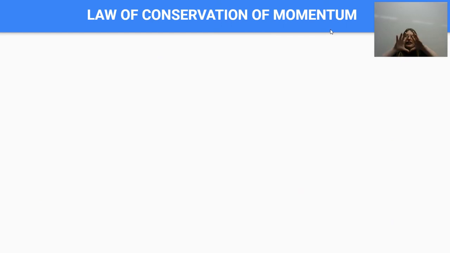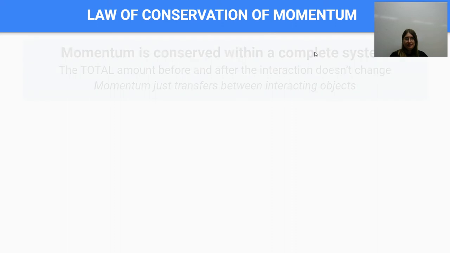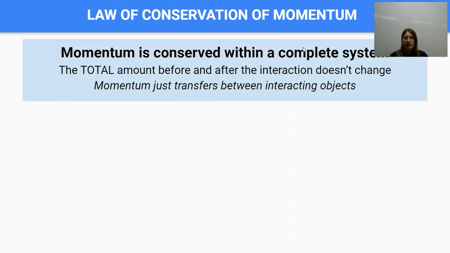So anyway, the total momentum of a system is conserved, right? So here again, the summary of the entire point of me talking to you like this. Okay, momentum is conserved within a complete system. The total amount before and after an interaction between objects does not change. The momentum itself is just transferring between those interacting objects, right?